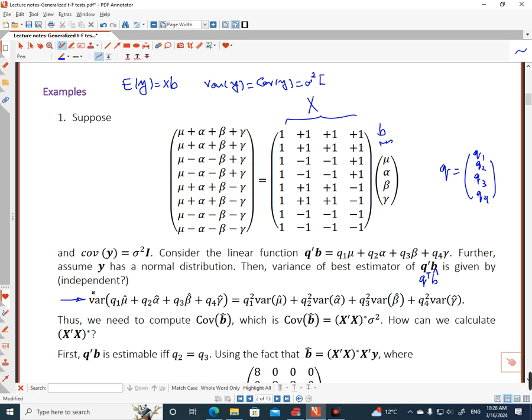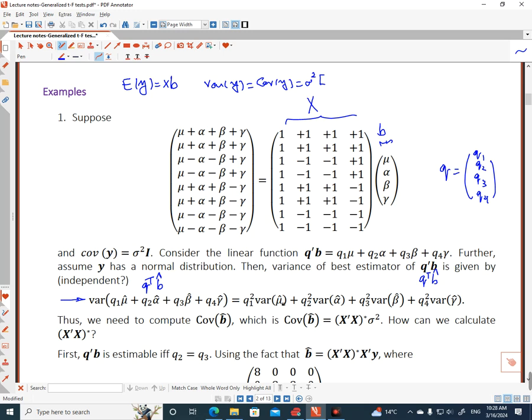but assuming the independency. So we must show on one hand that mu hat is independent of alpha hat, is independent of beta hat, independent of gamma hat. If this is the case, then you can write the variance of the q prime b hat as the summation of these 4 elements.